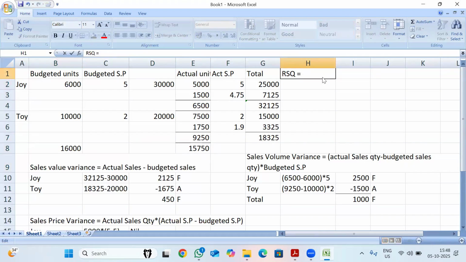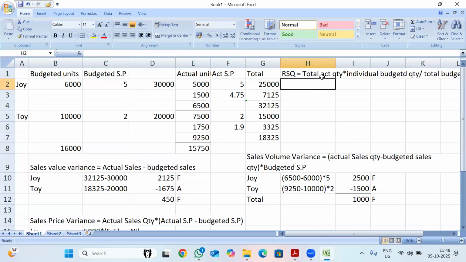So my formula is total actual quantity into my individual budgeted quantity divided by total budgeted quantity.